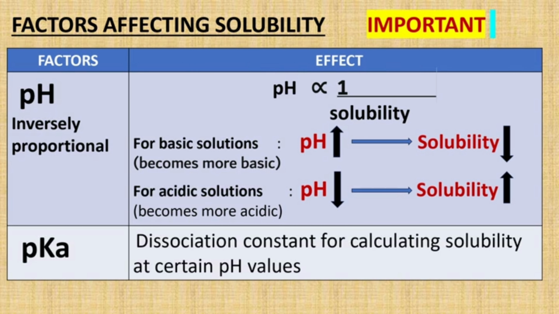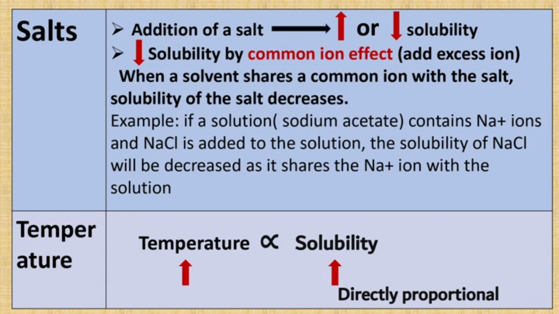Then the next slide is for salts. Addition of a salt either increases or decreases the solubility. The solubility decreases by the common ion effect, that means adding an excess ion. When a solvent shares a common ion with the salt, the solubility will decrease.